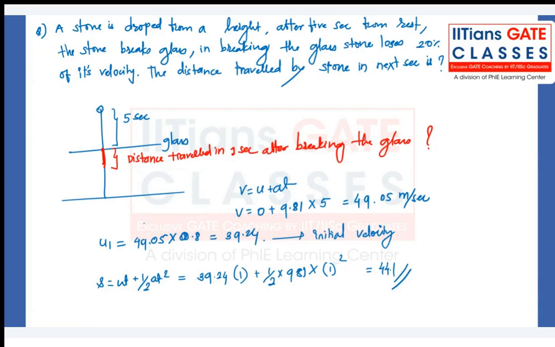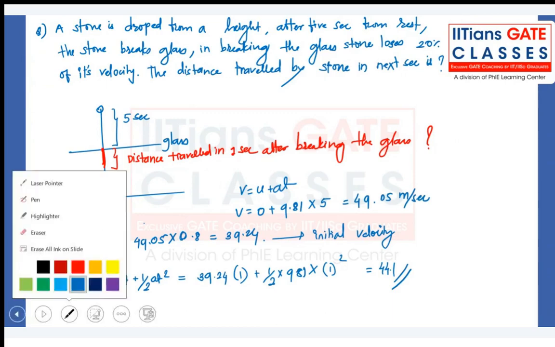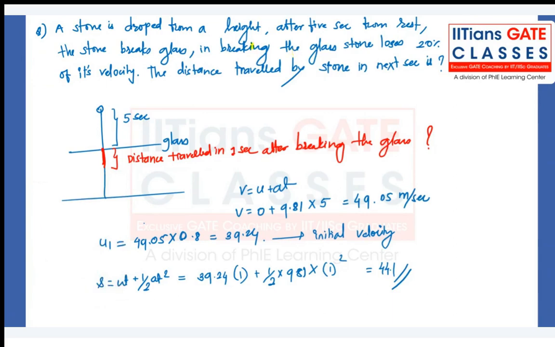What is 0.8? Okay, we got one question from Nima here. See, what is the sentence here, Nima? If you can understand, in breaking the glass, stone loses 20% of its velocity. Okay, what was the velocity of the stone? Close to 50 meters per second, right? So what is 20% of 50? It is close to 10, right?